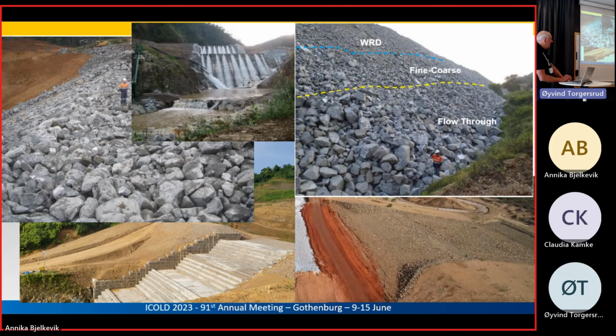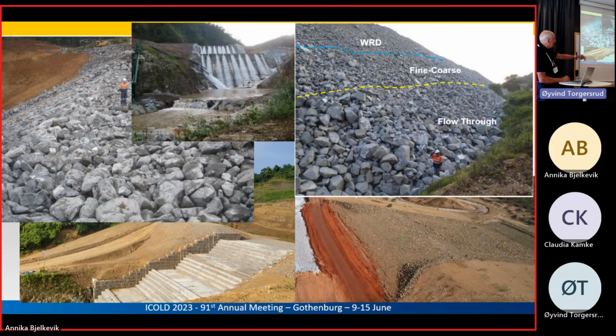These are some examples of spillways that I've been involved in on tailings dams. The top middle is a roller compacted concrete. This one on the left is an overtopping spillway with coarse rock. Gabions here on the bottom left.